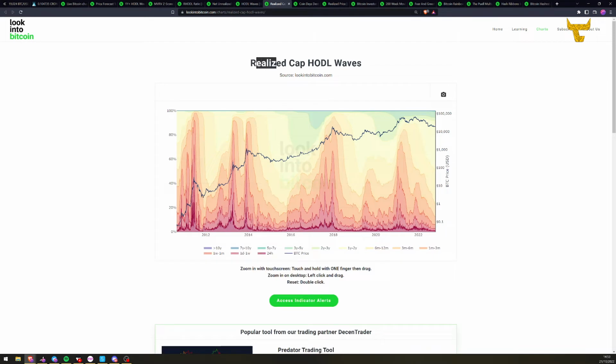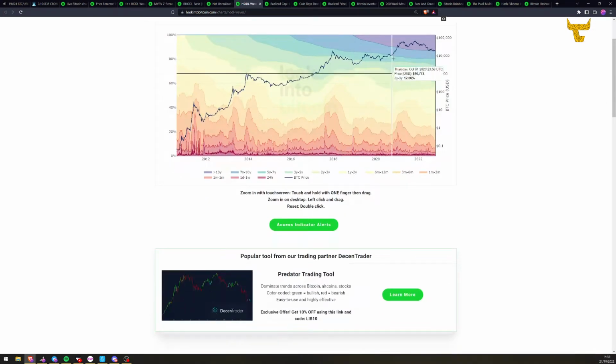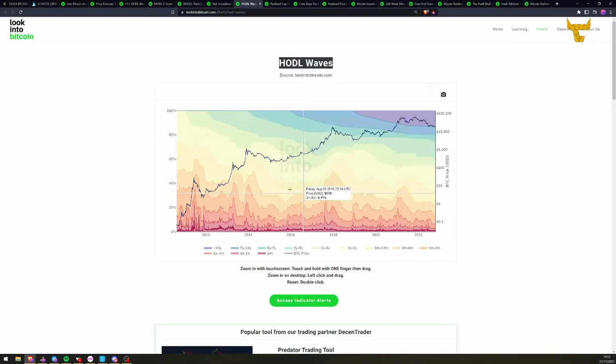So yeah, Rodel, realized cap HODL wave. It's a bit of a deviation from the HODL wave, which shows again how long Bitcoin has been held in the same wallet.